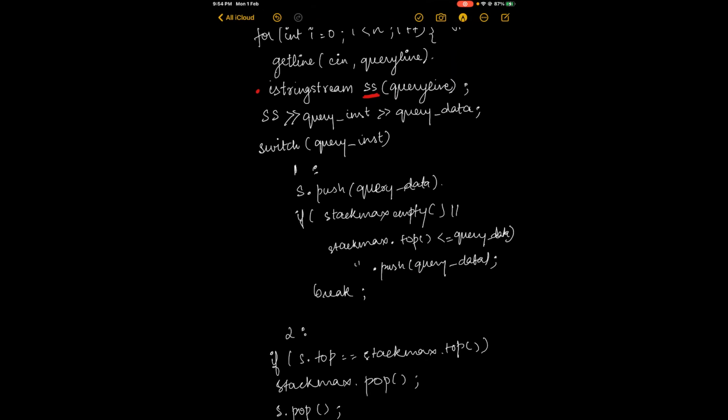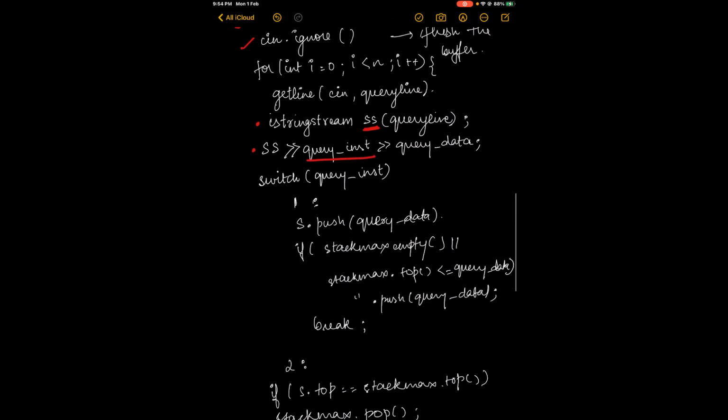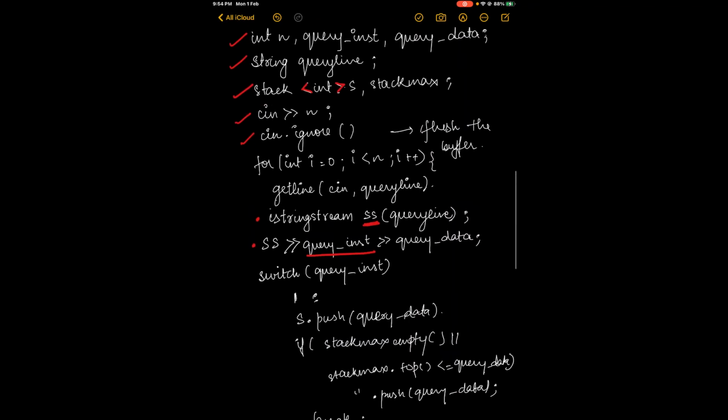So this object created, we'll be using it here, and the first part of this query line will be stored in query underscore instruction. Now this will be an integer value because that's how we created it here, as you can see. Then the second part of this query line will be query underscore data, and this will also be an integer value as we have created here.